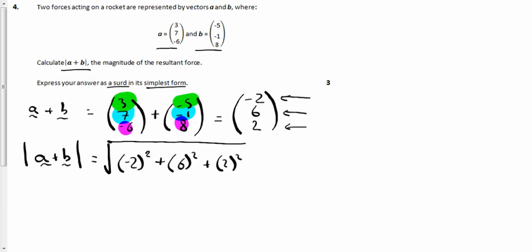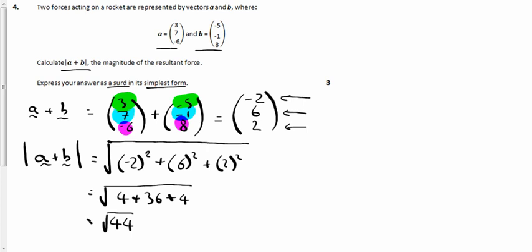And I'm taking the square root of all of that. So negative 2 squared would give me 4, plus 6 squared would be 36, plus 2 squared would be 4. Tidying that up gives me square root of 44.